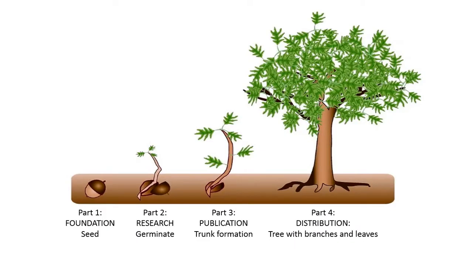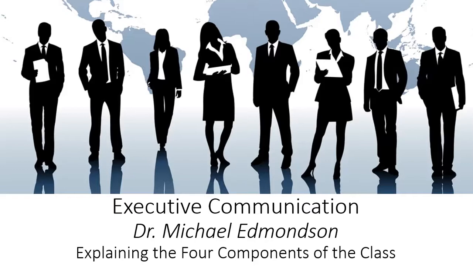So again, these 4 components all work together. And I need to stress this. In order to proceed from one part to the next, you really have to do a good job with each one. That's a quick explanation of the 4 components of the class for executive communication.